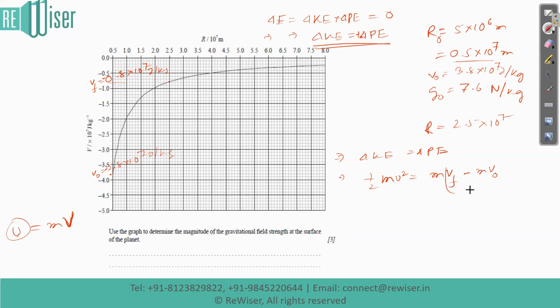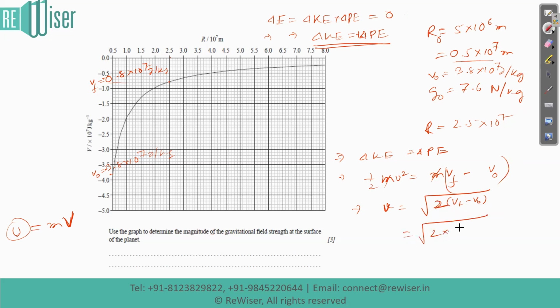If I take m common, this m and this m get cancelled, so I'm left with velocity equal to root of 2 into (V final minus V0), with nothing in the denominator. That's it.